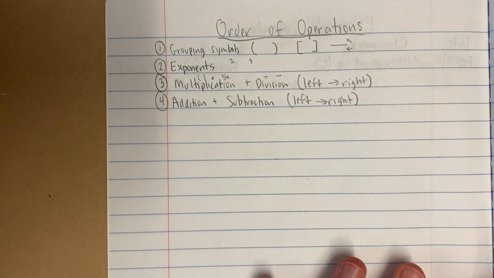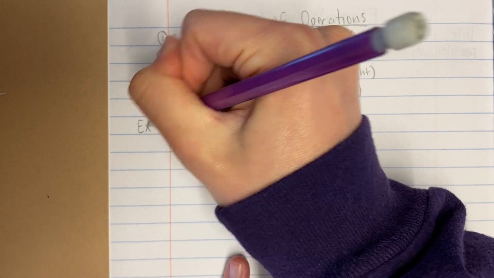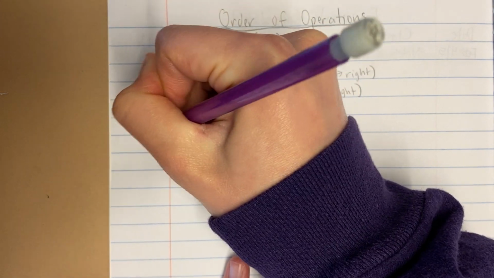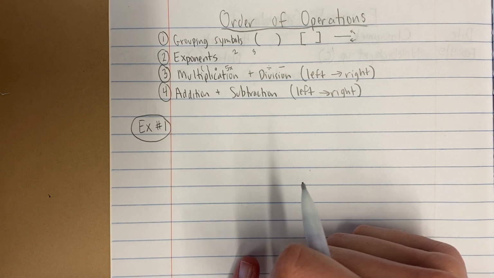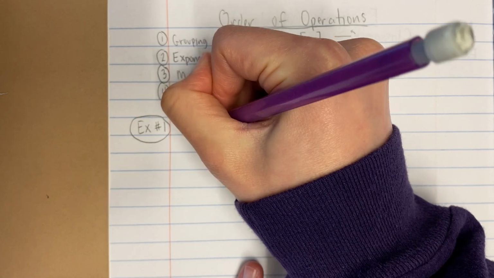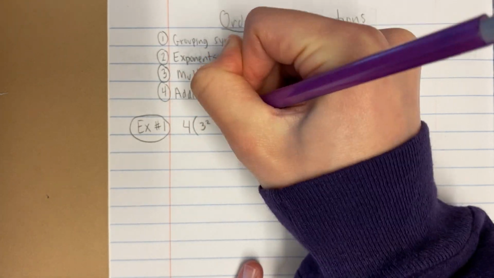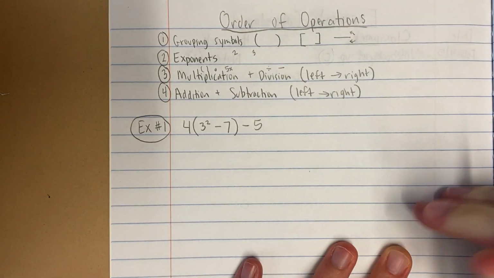So in this video, I'm going to do 3 examples, and I'm going to write down the examples first. And if you're like, meh, I know how to do this, then go ahead and do the examples and just fast forward and check them, rather than listening to me go over something that you already know how to do. Okay, this is example number 1.